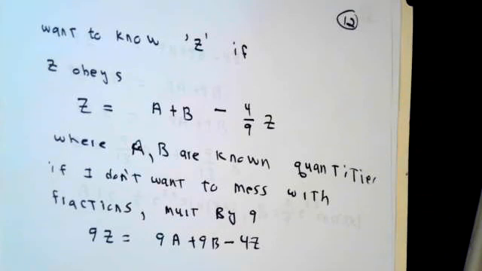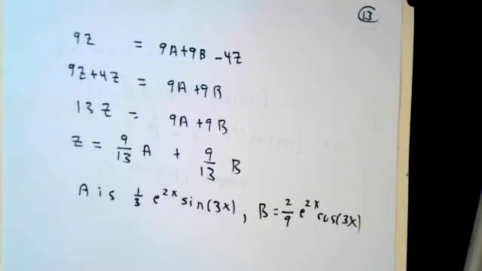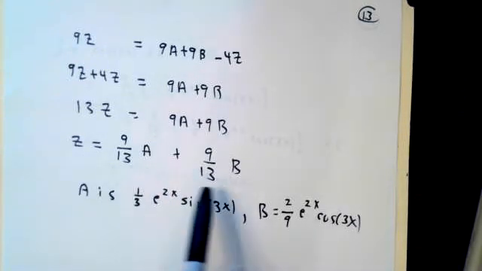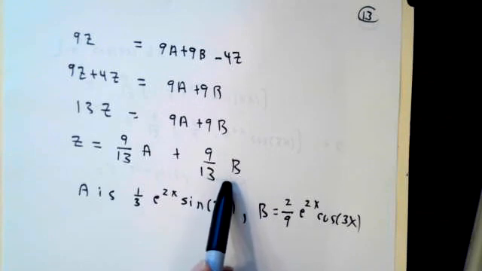You see, I'm just being lazy so that I don't have to mess with the fractions. So then add a 4z to both sides, and you find out that 13 times z is 9 times something that you know, plus 9 times something else that you know. Z is 9/13 a plus 9/13 b.